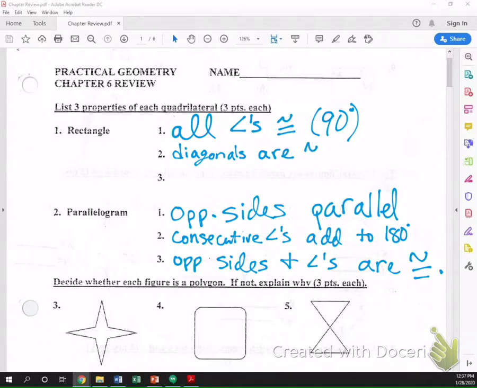So the diagonals are congruent and bisect. All right, so yes, alternate interior angles congruent works here.